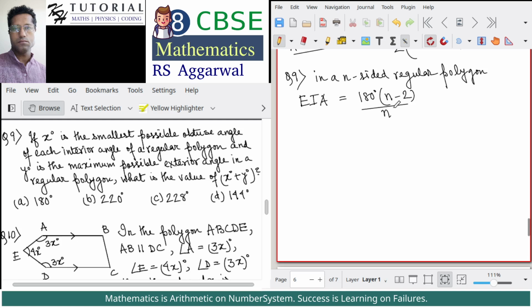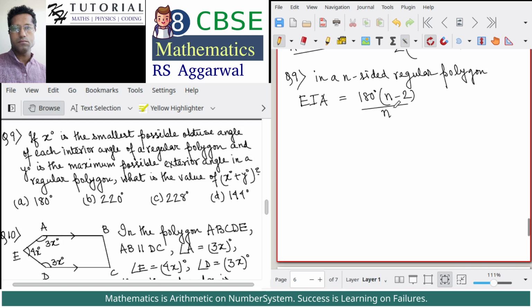Now it is saying that x degree is the smallest possible obtuse angle. So when will the interior angle be obtuse? Obtuse means greater than 90 degree. Smallest possible obtuse angle.